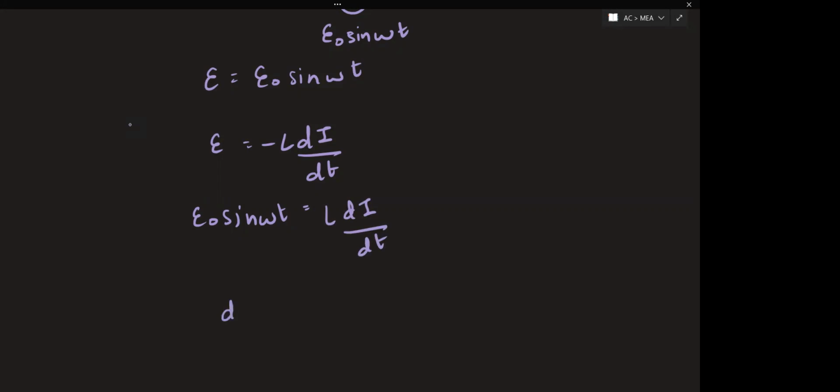Now what is di? What is the current? Current from here will be E naught divided by L, and the integration of sine omega t dt will be left.